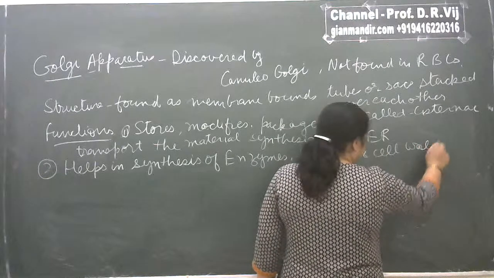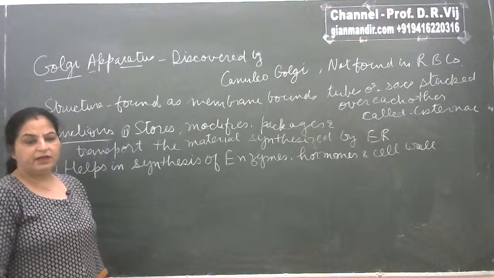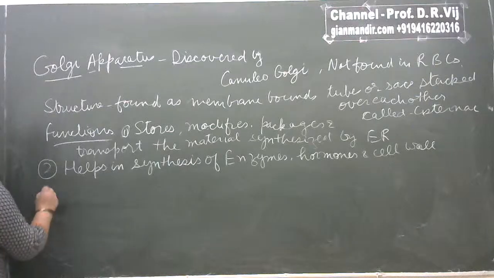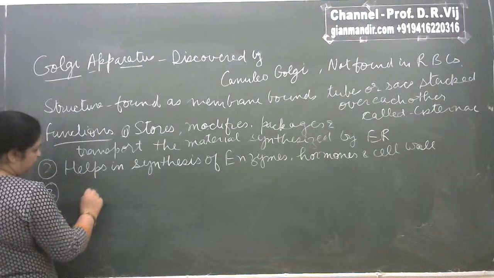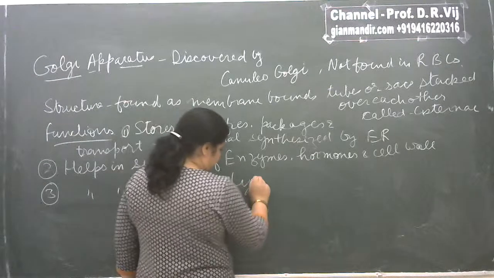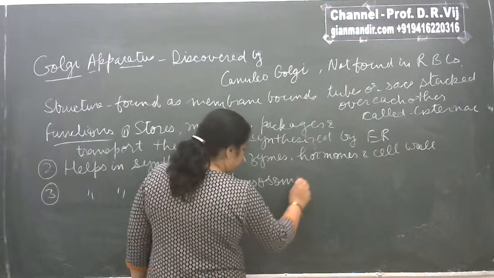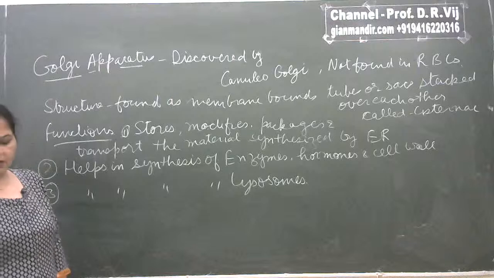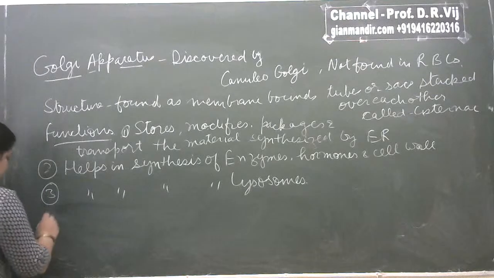Of course, this cell wall synthesis occurs only in plant cells, because you know that animal cells do not contain a cell wall. Then another function of Golgi apparatus is that it also helps in synthesis of lysosomes. The lysosomes, as you know, are known as suicidal bags of the cell, right?